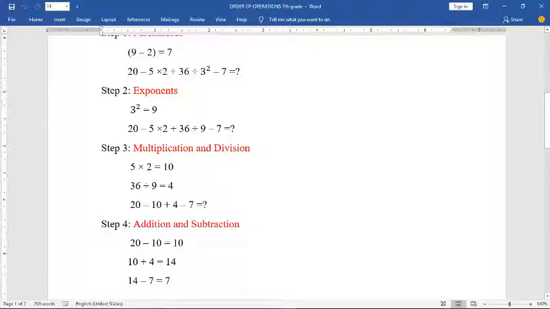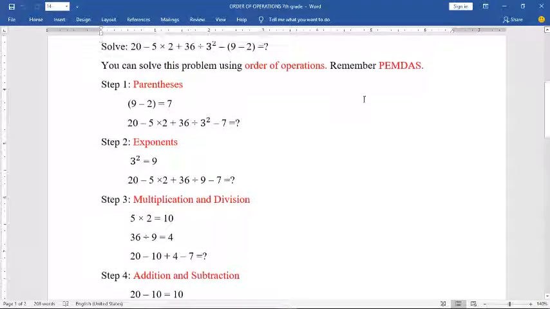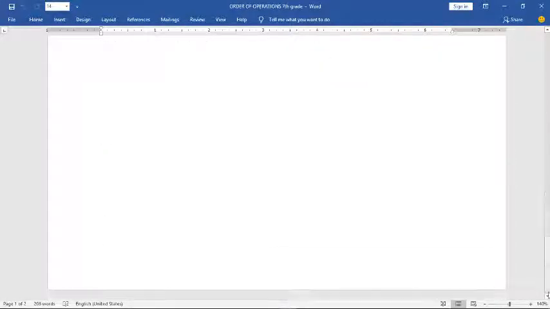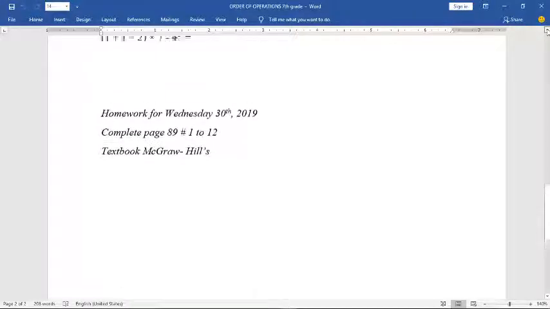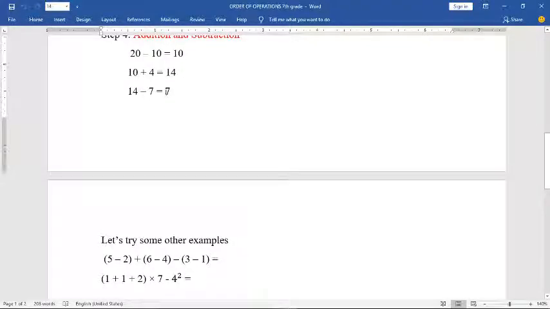Minus 7, and the whole string gives 7. Let's go back to our problem. That long string we had becomes 7. This is the answer for the long string we had before.